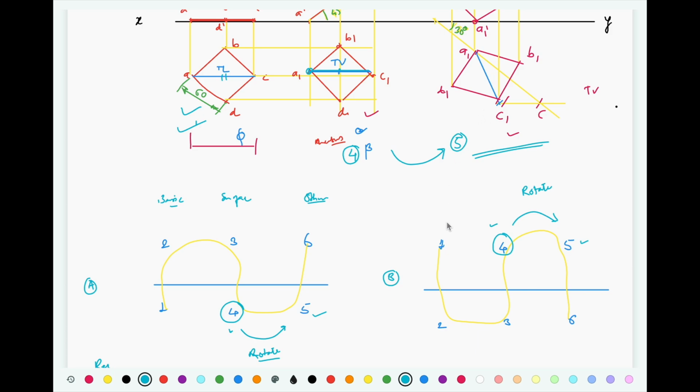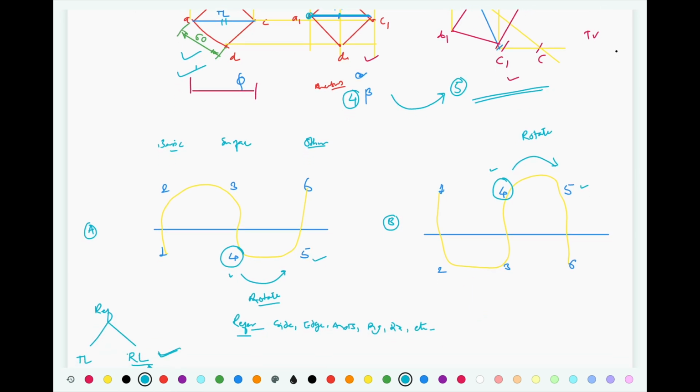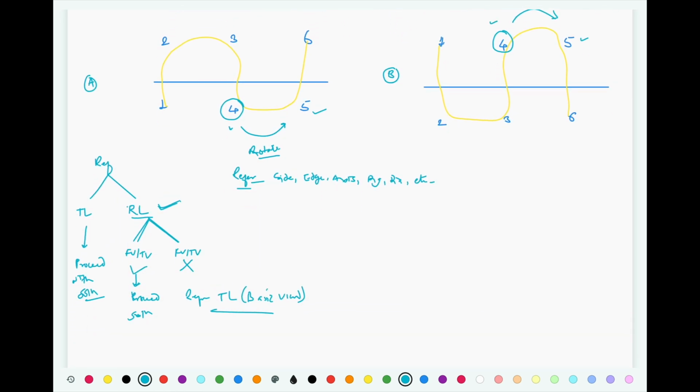This concept is basically something you can relate to the projection of a line. Let's say this is A, this point is B, this is the top view, and this is B2.